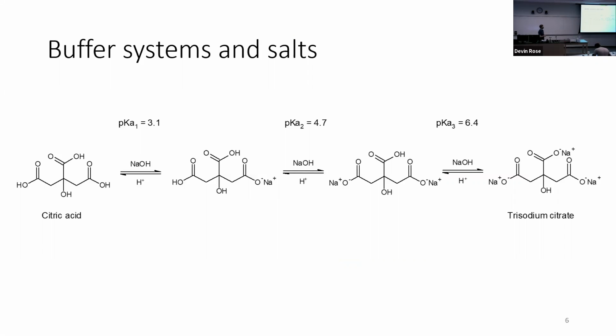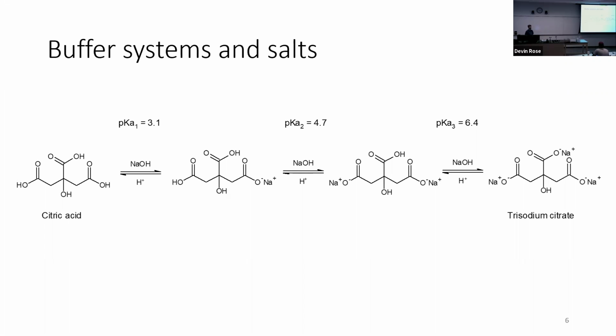So acids, in addition to just lowering the pH, can be buffer systems, and those can be very important for controlling the acidity and also keeping the pH what it needs to be. This is just an example of a titration of citric acid. So you've got citric acid with 3 carboxylic acid groups on it.